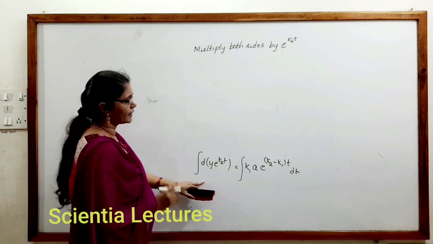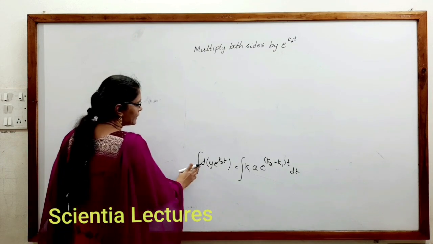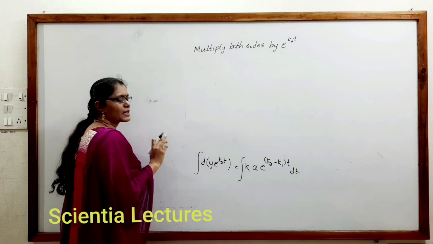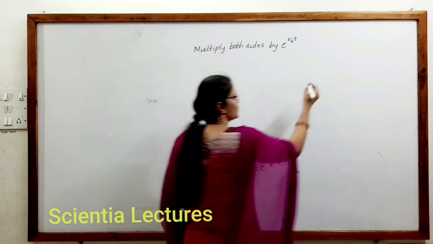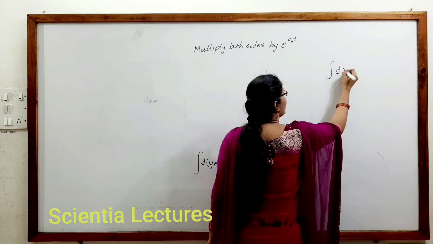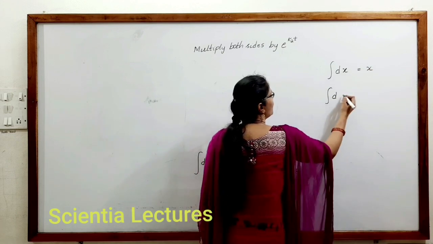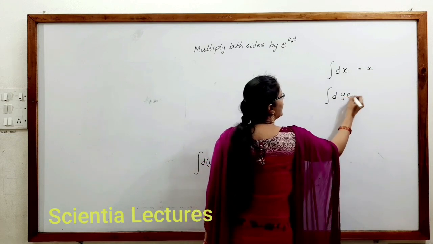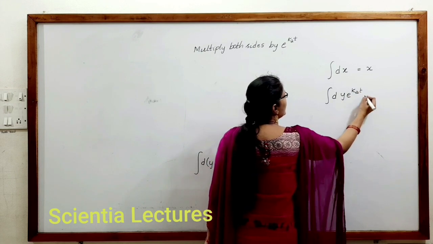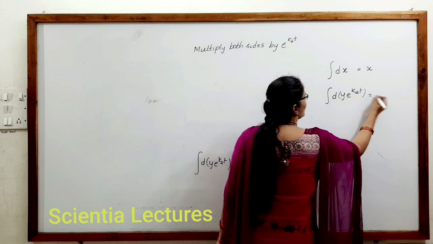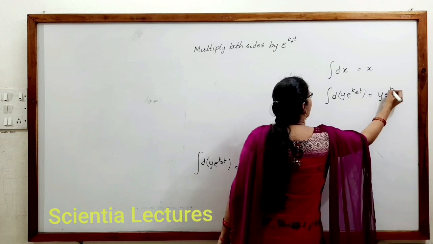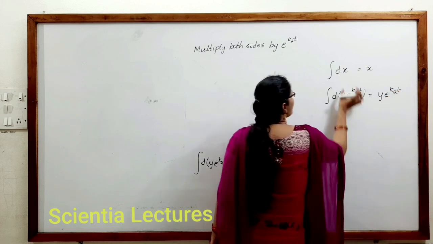Now, when you check the integration of this, the integral of dx must be equal to x. Similarly, the integral of the differential of y e^(k2t) must be equal to y e^(k2t), which is in the place of x.